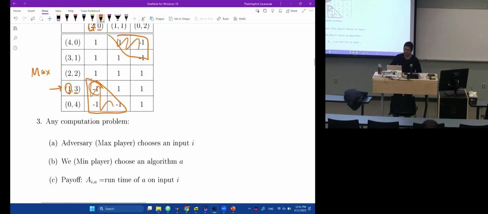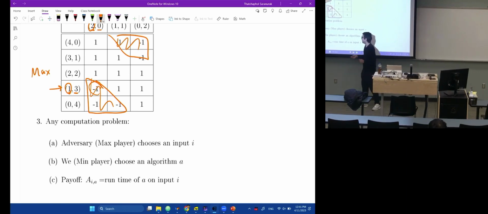There is one more, one very generic game actually, that will be related to us. That is for any computational problem. You can think of this as a game between us, the algorithm designer, and the adversary. Okay. The adversary is a max player that chooses an input. We, the algorithm designer, are a min player that chooses an algorithm.